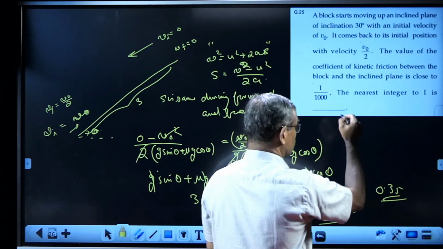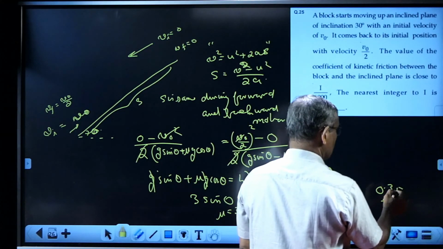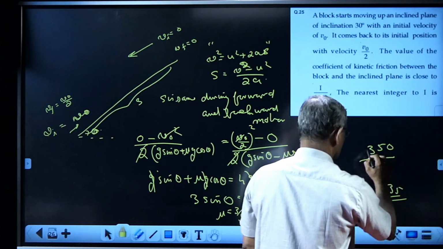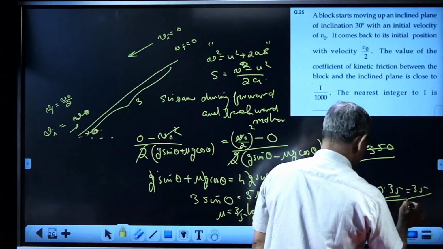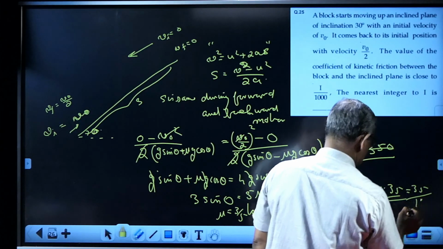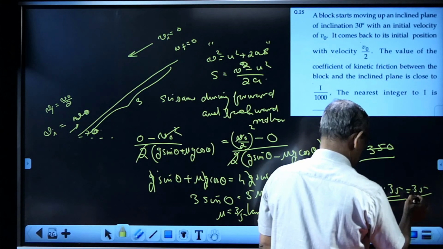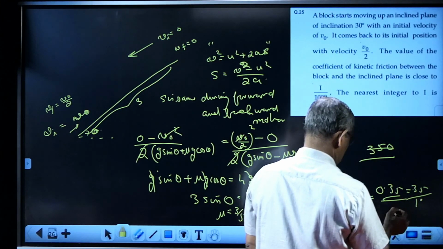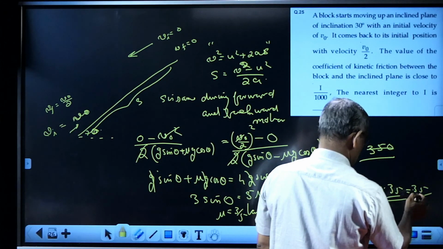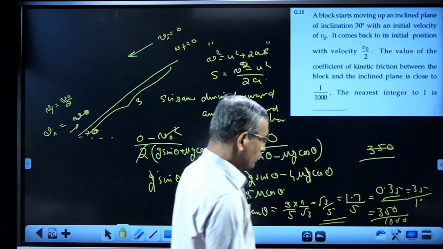Now you have to represent that in terms of 1000. Therefore, 0.35 must be written as 350 by 1000, which is equal to 0.35.